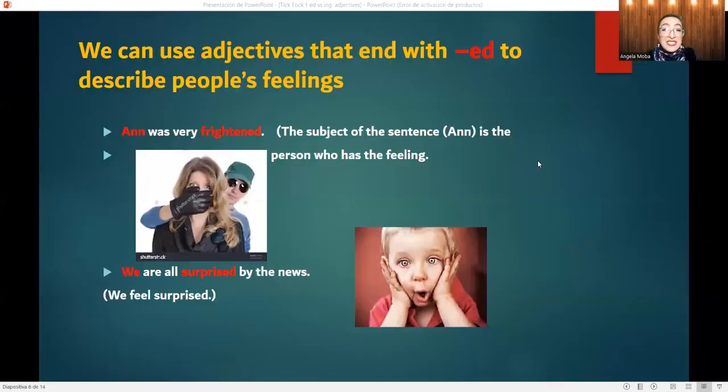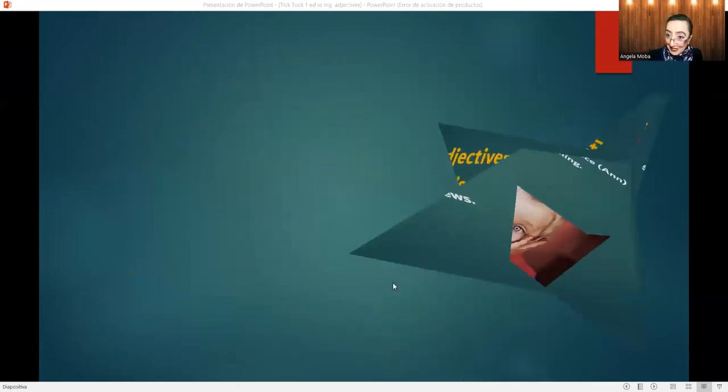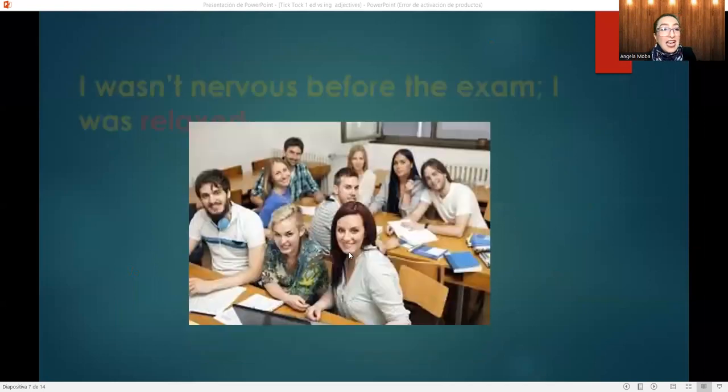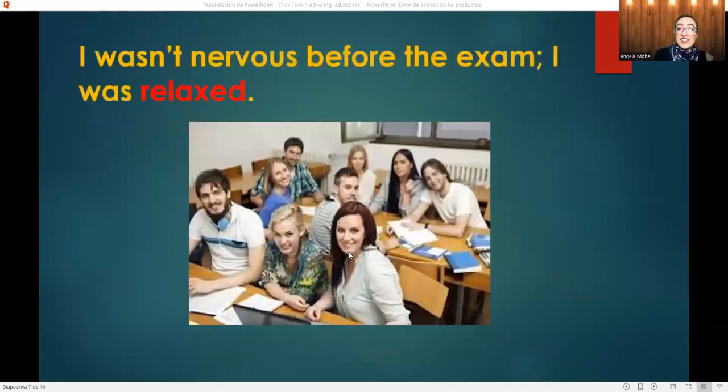We can use adjectives that end with -ed to describe people's feelings. Anna was very frightened. The subject of the sentence, Anna, is the person who has the feeling. We are all surprised by the news. We feel surprised. We are talking about our feelings. Or here, for example, I wasn't nervous before the exam.